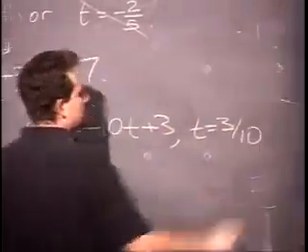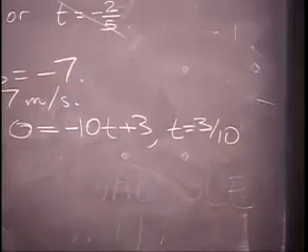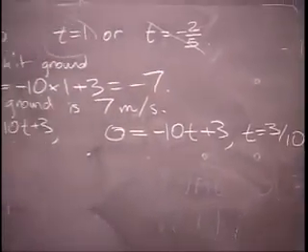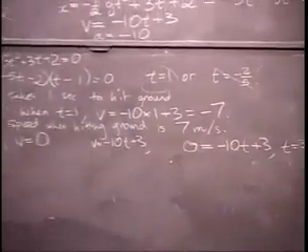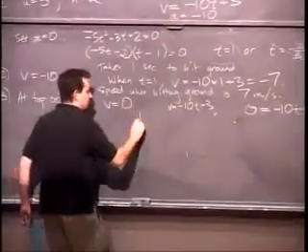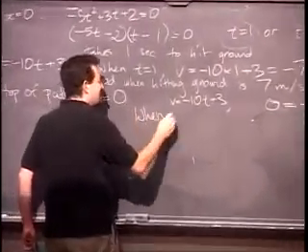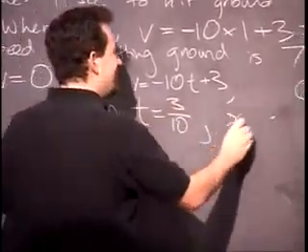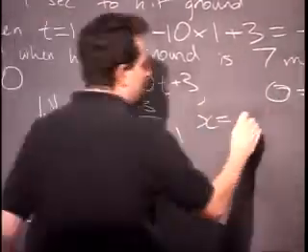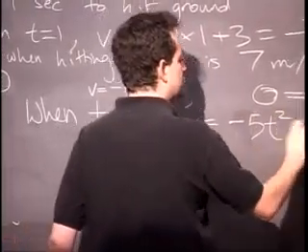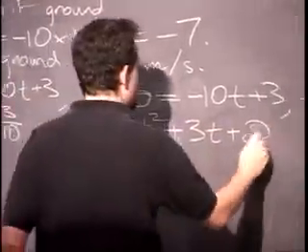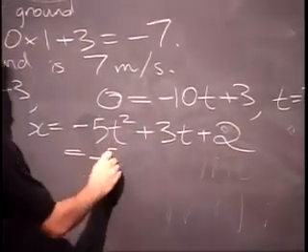So that means 3/10 of a second after I threw it, it's at the top of its path. But of course, that doesn't tell me how high it goes. So I need to work out how high it is when t equals 3/10. X is equal to minus 5t squared plus 3t plus 2. And I need to actually substitute in 3/10.